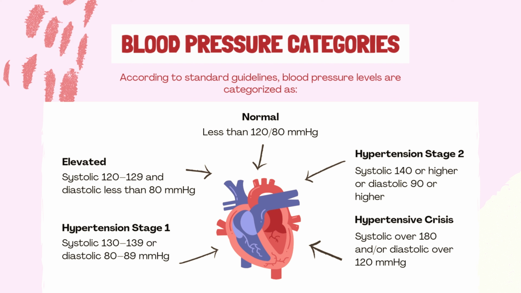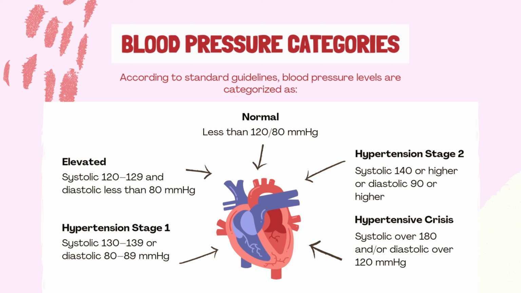Blood pressure can be categorized into normal, elevated, hypertension stage 1, hypertension stage 2, and hypertensive crisis. In normal blood pressure, it is 120 by 80 millimeters of mercury. In elevated, systolic is 120 to 129 and diastolic is less than 80.